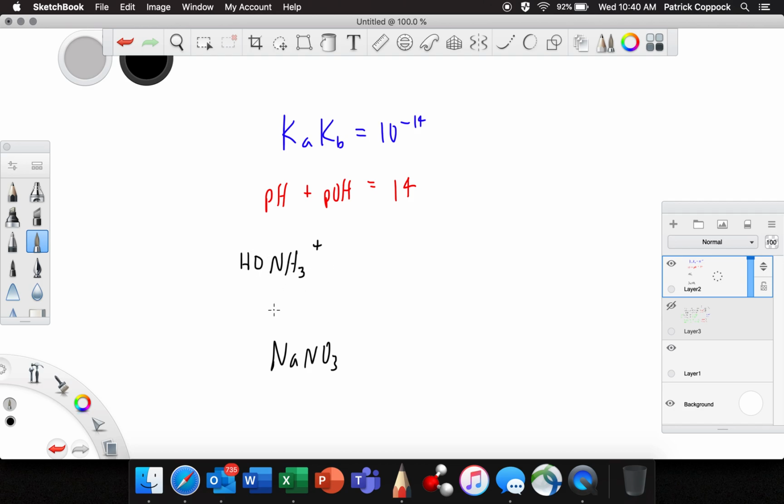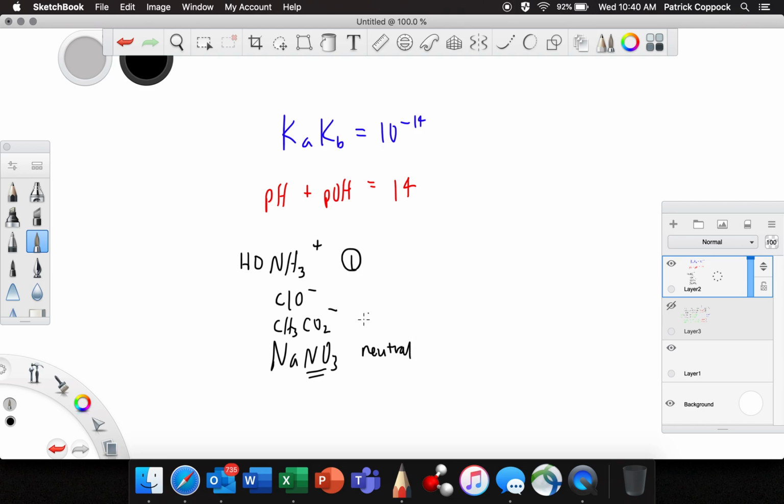Hydroxylammonium and hypochlorite and acetate. Okay, so this is an acid. This is an acid. This is going to be the lowest because it's an acid, right? These two are bases, so they're going to be above 7. And this is the conjugate base of a strong acid, and so it's essentially going to be middle of the ground. This is going to be neutral.